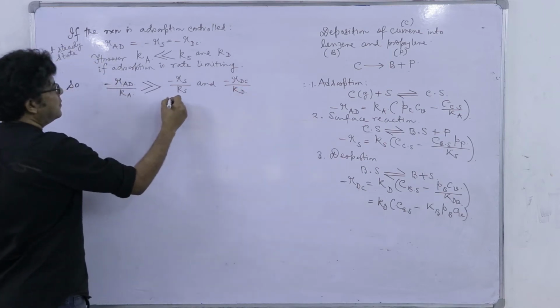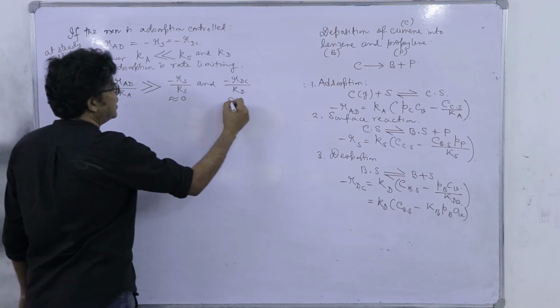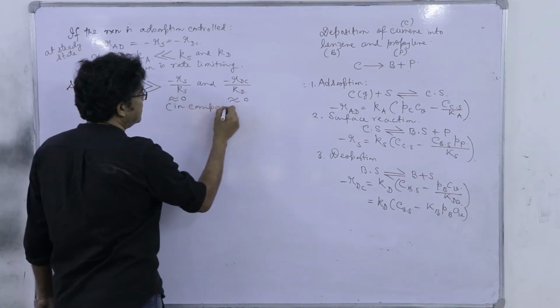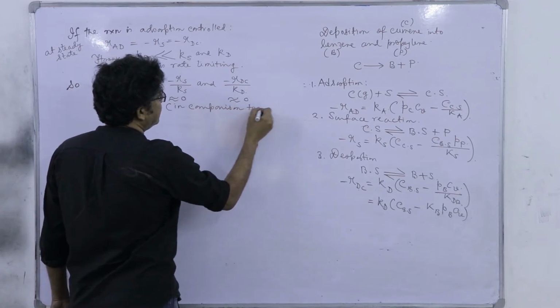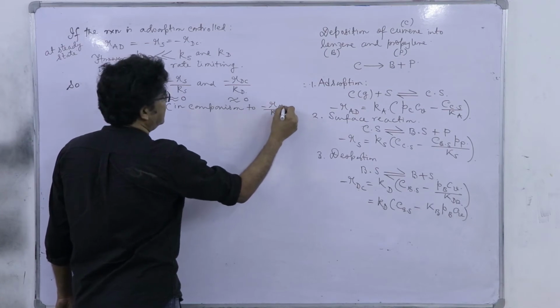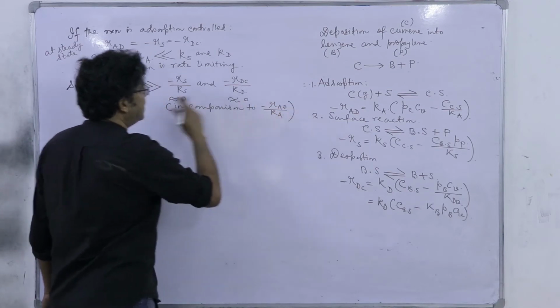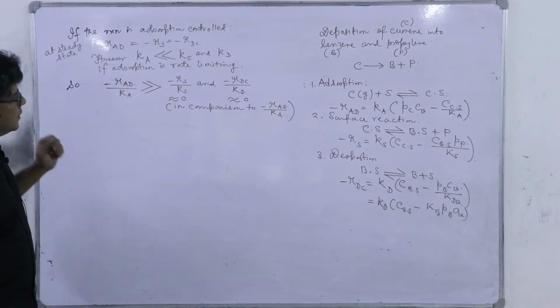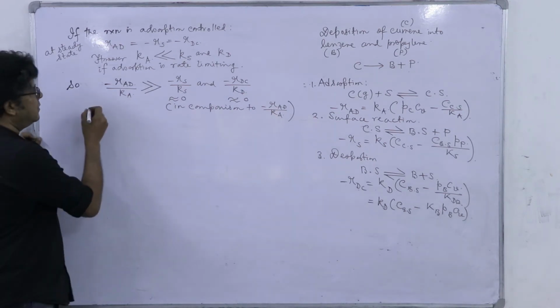So, we can approximately assume that in comparison to minus RAD by Ka, we can simply drop these two.